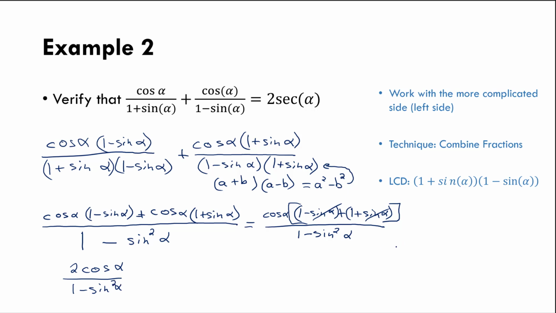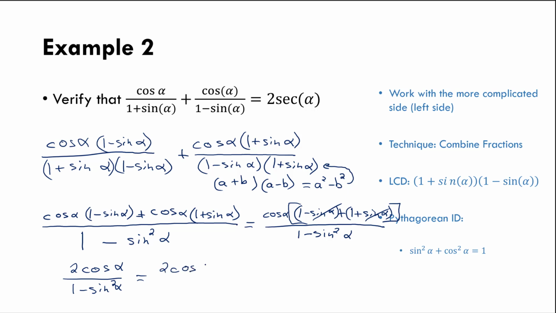Okay, and then we can use our Pythagorean identity that says sine squared alpha plus cosine squared alpha is equal to 1. When we solve that for cosine squared alpha, we get 1 minus sine squared alpha, which is what we have here in my denominator.